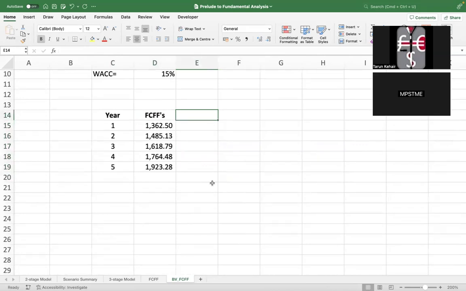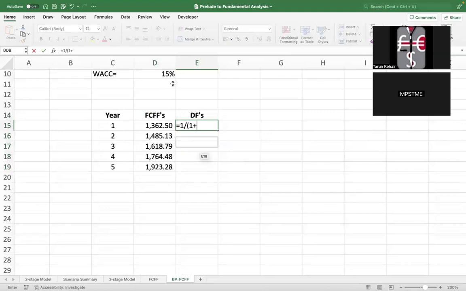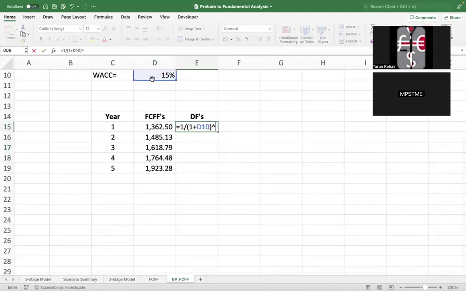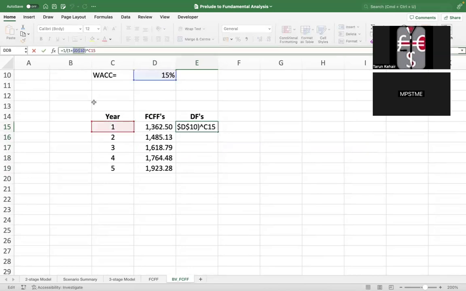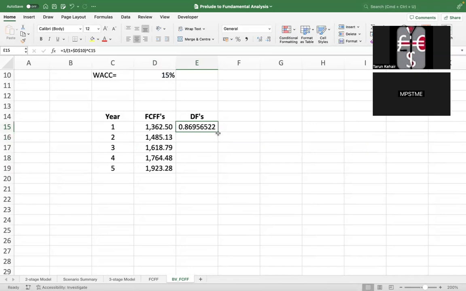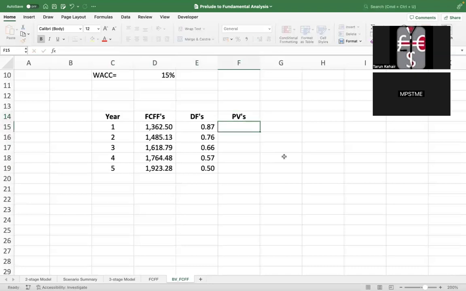Now we will plot the discounting factors, which is based on your weighted average cost of capital, 1 by (1 plus r) raised to the power of n. And now we will apply these discounting factors on the future cash flows to arrive at present values.